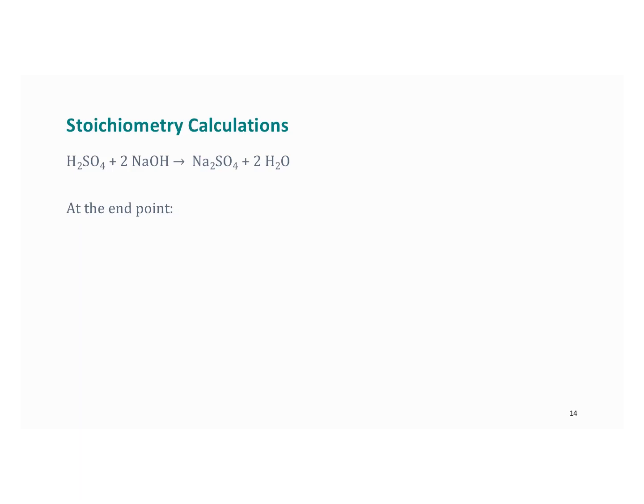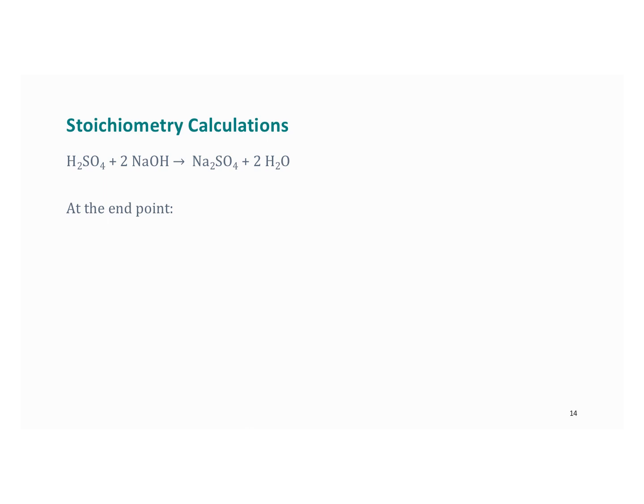And so to do this, you need a stoichiometric calculation. Now, the stoichiometry of the neutralization reaction is going to be 2 to 1. So in other words, we need 2 moles of NaOH to neutralize 1 mole of H2SO4.